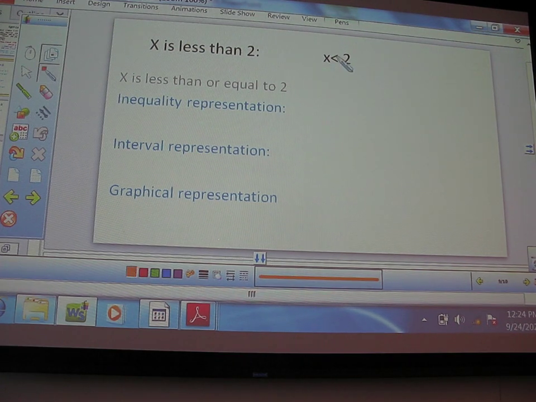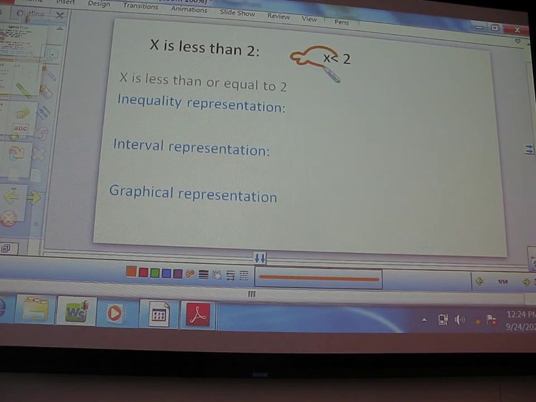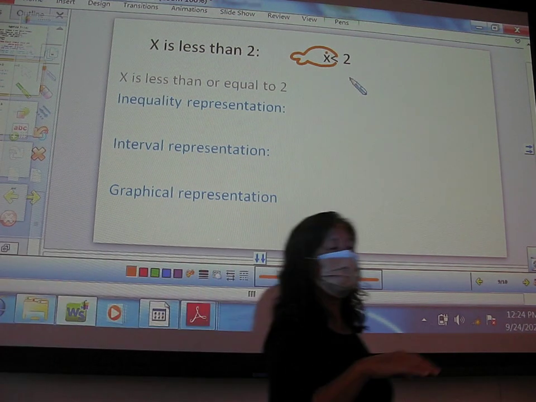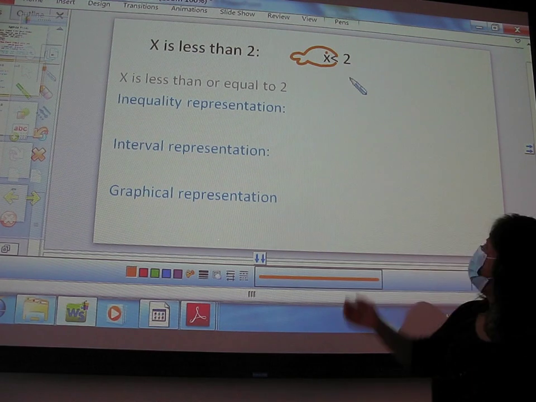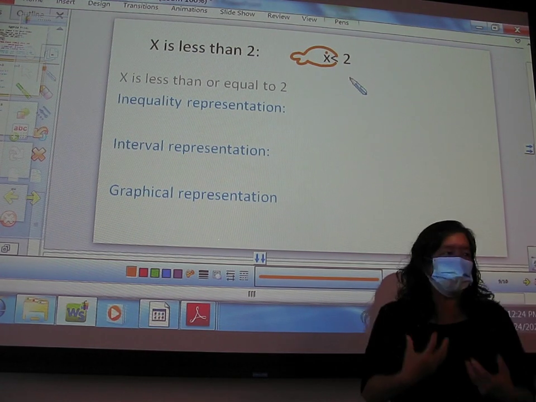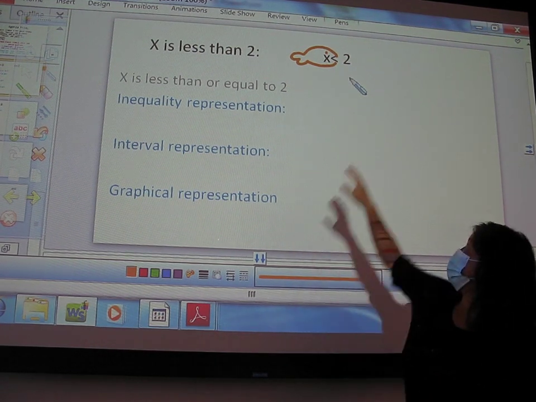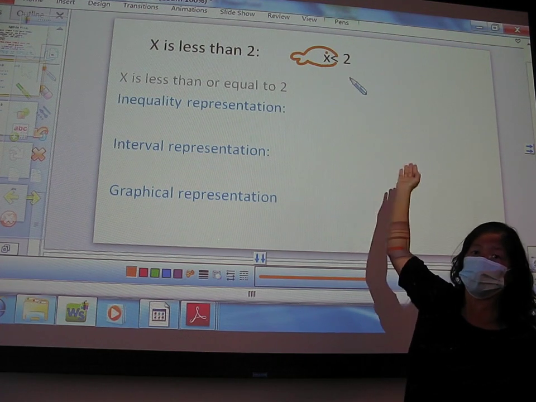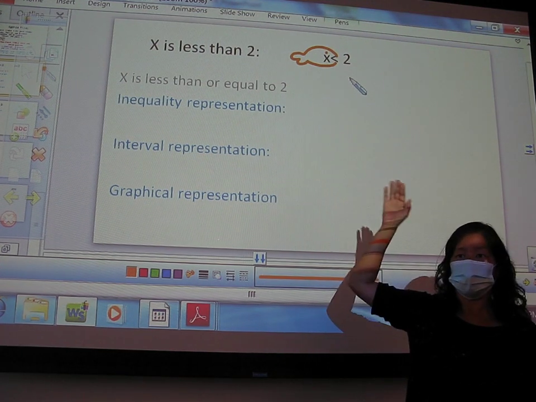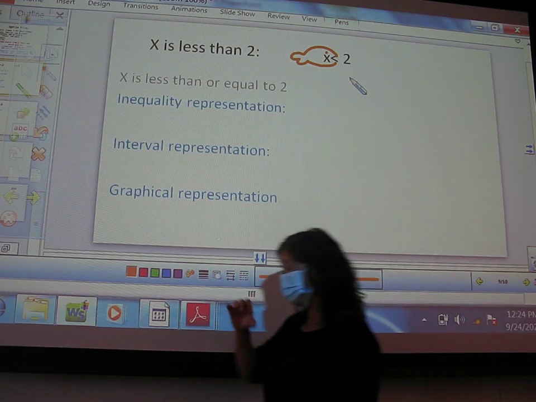I like to think of a little fish, or a big fish. Here's the fish, and he ate the smaller guy, because when you're a fish and you're eating other fish, the smaller one's easier to catch. So the X is easier to catch. He already ate it. It's in his stomach. He's going after the bigger one, 2. So 2 is bigger than X. Good? So if you're not sure, draw your fish.